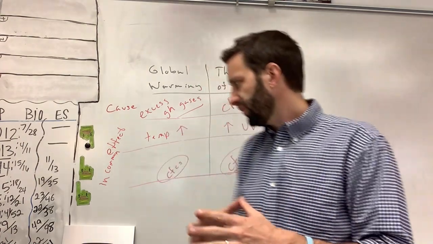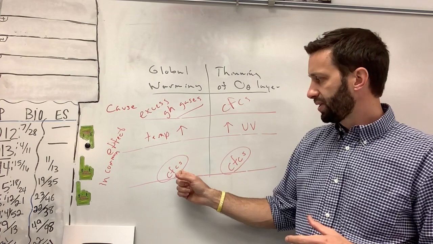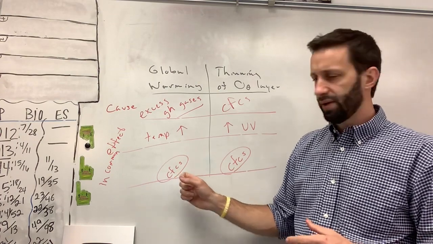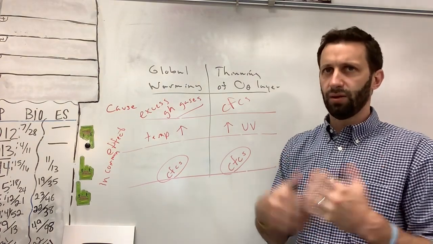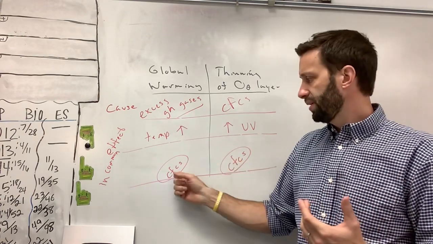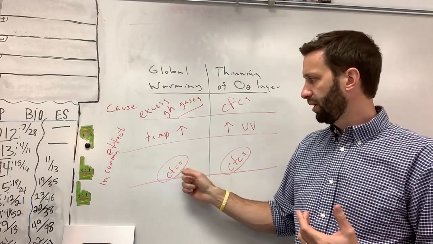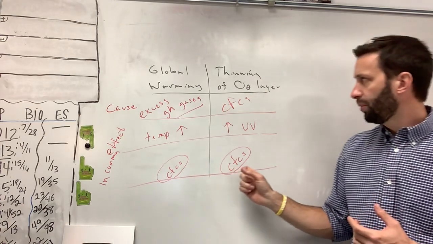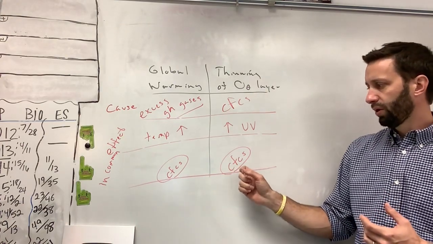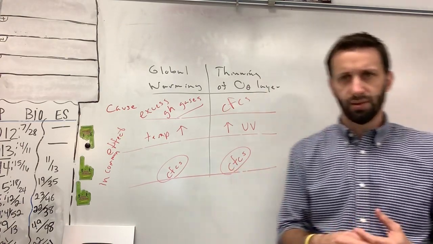So that's pretty bad. I would say it's a lot less significant than water vapor and CO2, but it is a greenhouse gas. So that's one thing in common with the thinning of the ozone layer, where the primary cause is CFCs.